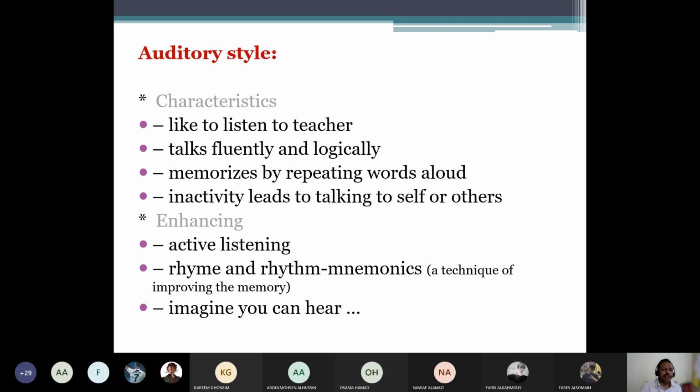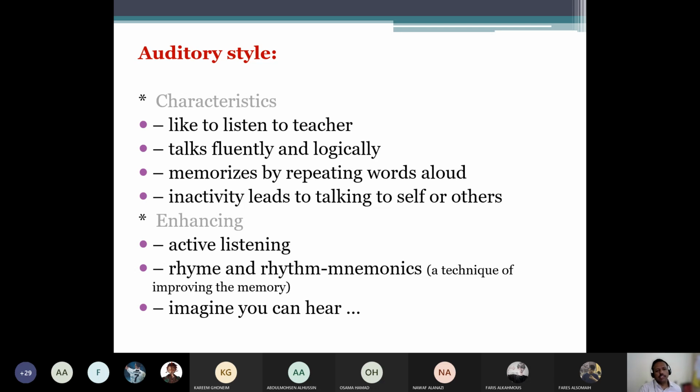How can they improve? They improve by active listening, rhyming and rhythm mnemonics. For rhymes, you can make a sentence or a poem for one chapter, maybe, or one concept. Suppose you want to remember something in medicine; as an auditory learner, you make a poem for this, a few lines.